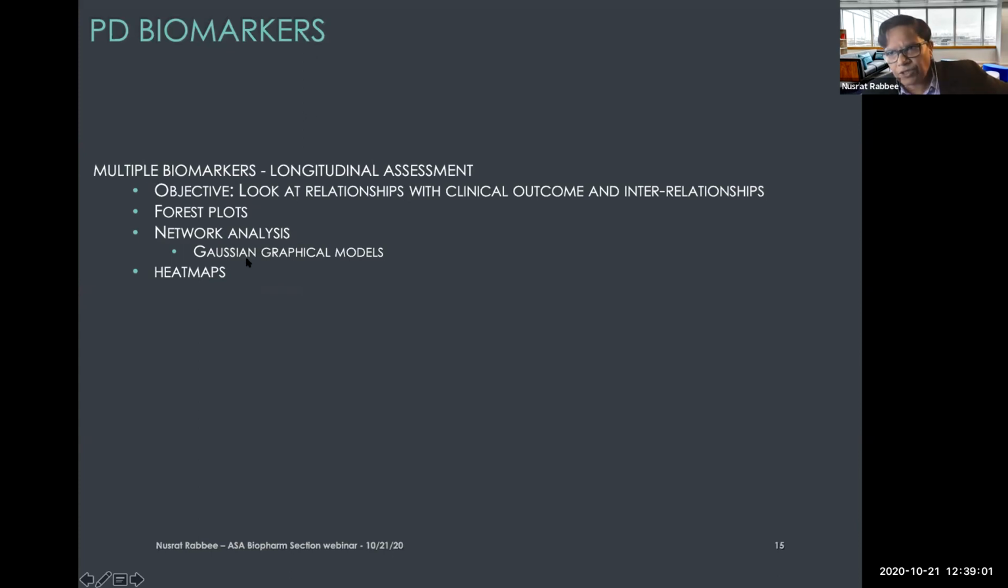Basically, these are Gaussian graphical models, and they're very, very good to understand the interrelationship between biomarkers. Often we say, hey, this biomarker is going to go up over time, this one's going to go down. Well, exactly how to do all of this work, and the network model of correlation between markers.